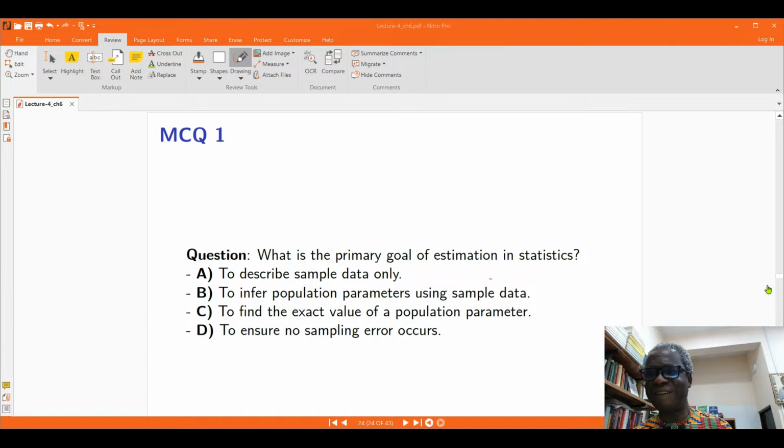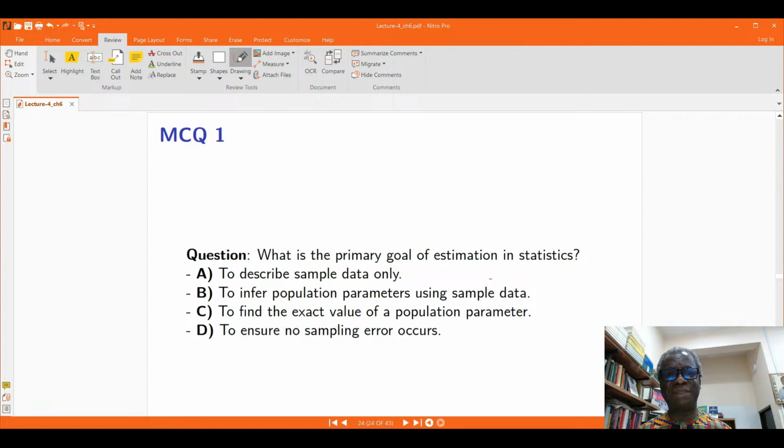Let's go to the first post-lecture question. What is the primary goal of estimation in statistics? A, to describe sample data only.